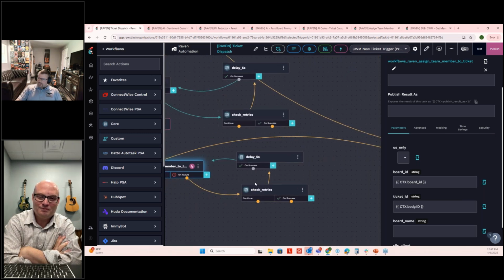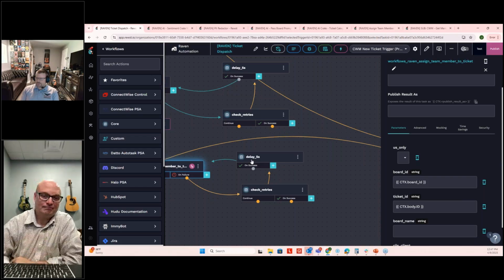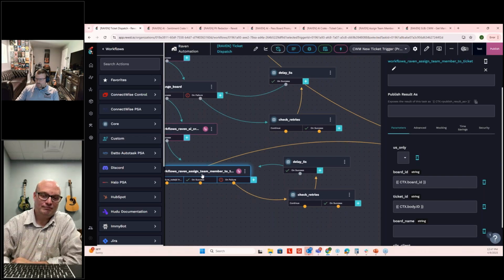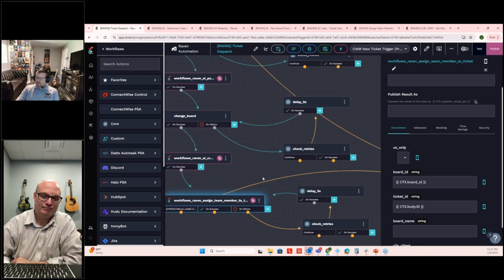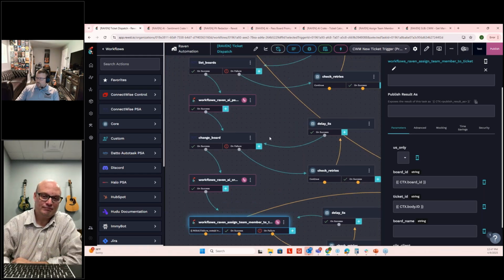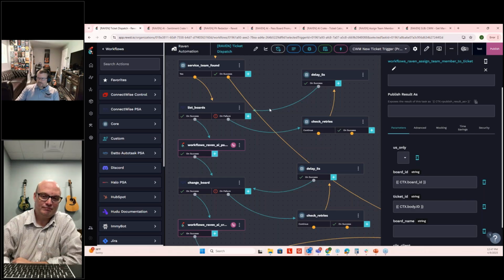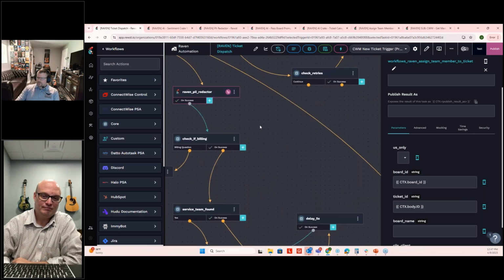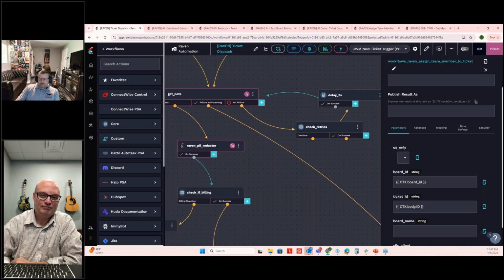Now, if we have failures along the way, you might notice we have some of these on failure transitions with check retries and then delays in place. So we've added that to account for things like API timeouts and other situations that might cause failures along the way. You'll see that we have that when we assign the team member, when we're changing boards, when we're listing service boards, and when we get the note.